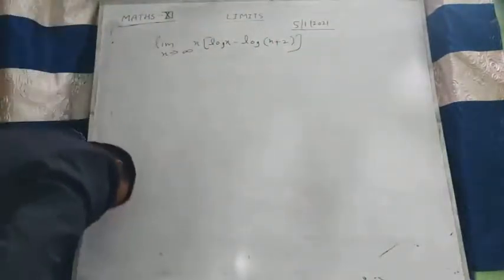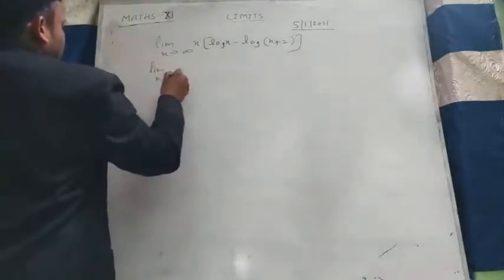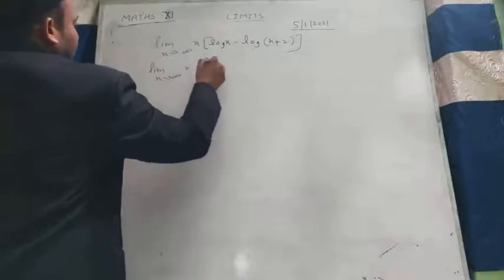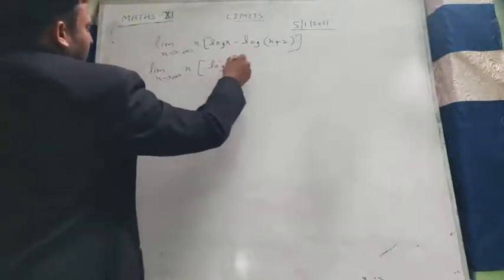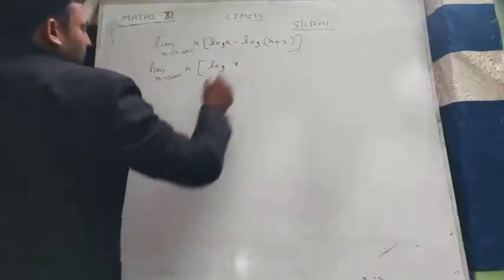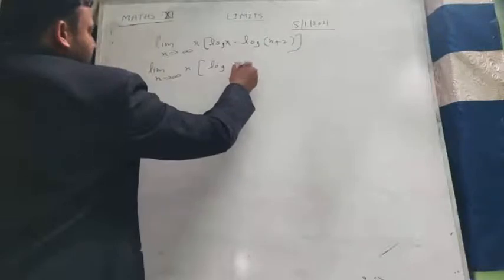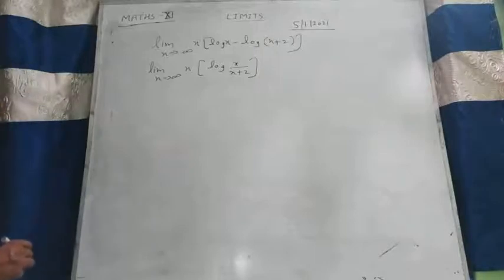First of all, limit x tends to infinity of x, this is log m minus log n, so we can write log m by n.